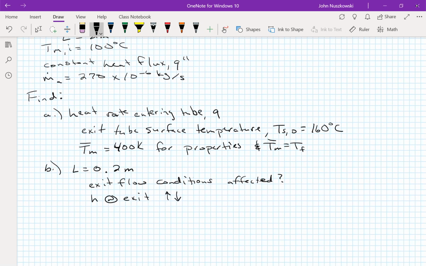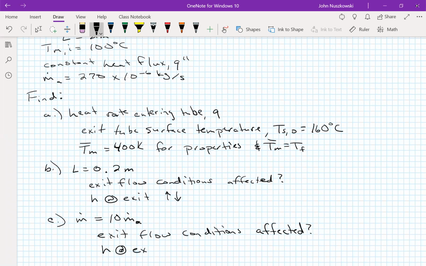So does it go up, down, or stay the same? Part C is now mass rate 10 times the original mass rate. So are the exit flow conditions affected? And then also again h at the exit. Does it go up, down, or stay the same?